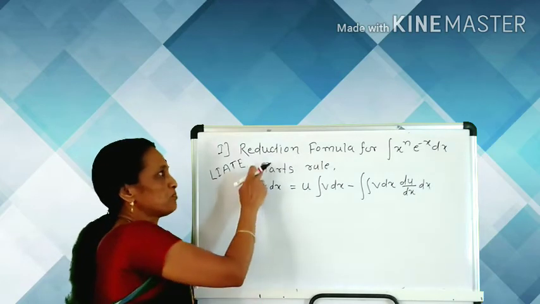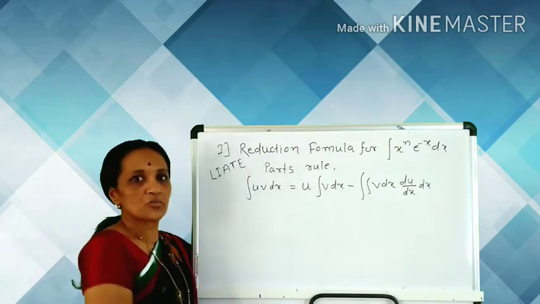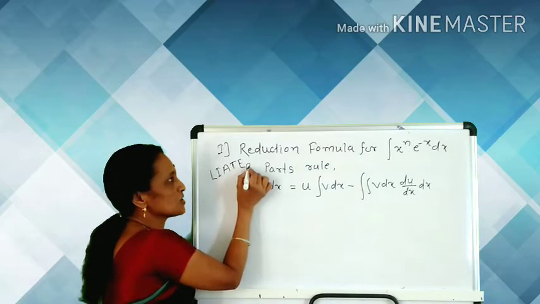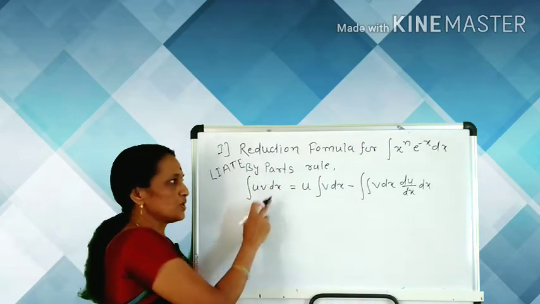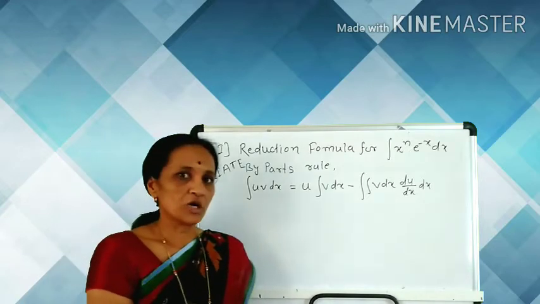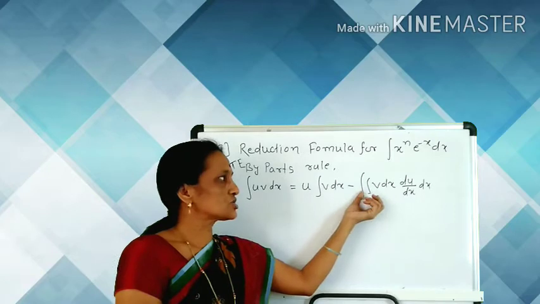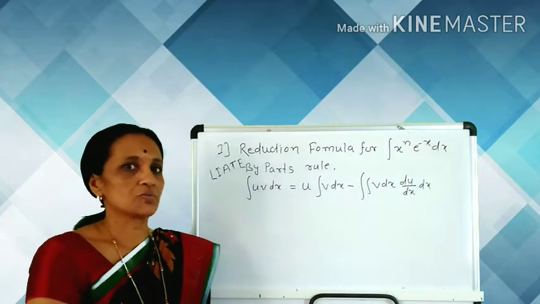So for finding the reduction formula for x raised to the n e raised to minus x, we write by parts rule: integration uv dx is equal to first function as it is into integration of second, minus integration of second multiplied by derivative of the first function.